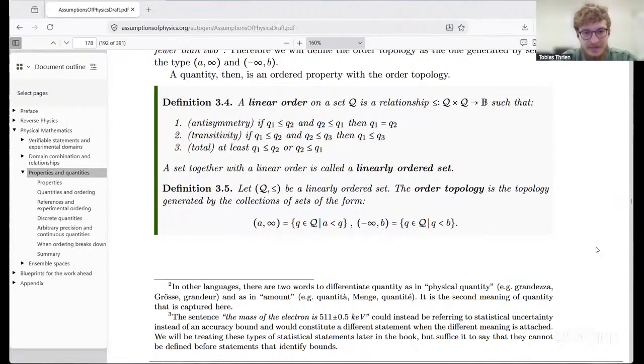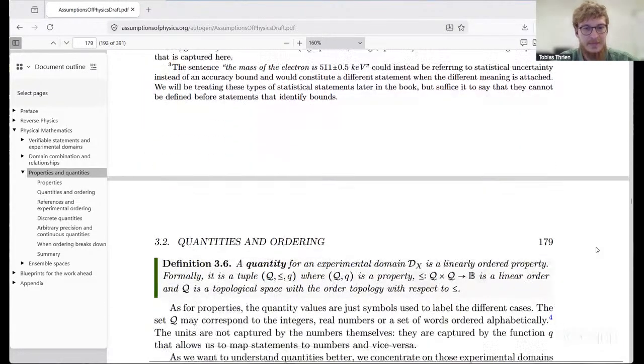Okay, and then the other way around for the other interval, and that's our basis for the topology. Okay, that's quite basically it.